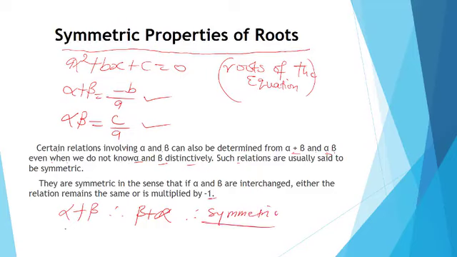If you want to prove this, let's say a is 2 and b is 4, 2 plus 4, our answer is 6. Now if you put 4 plus 2, your answer is still 6. So since these two values assume the same number even when interchanged, when talking about the symmetric properties of roots, we say these two values are symmetric.